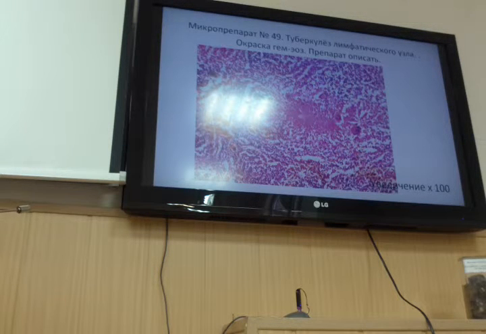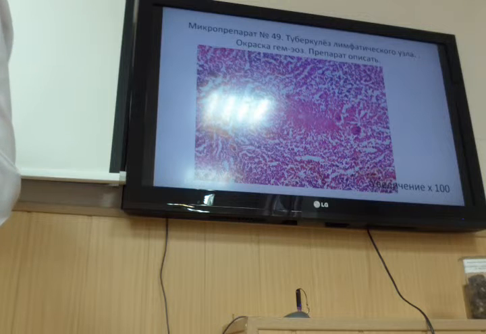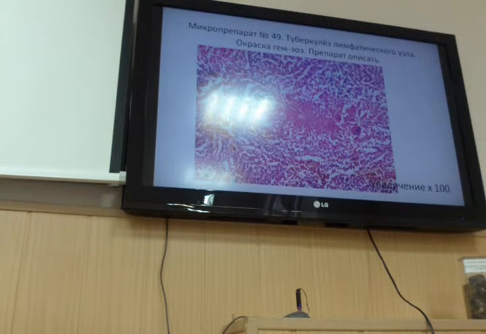Point number 2 means perifocal infiltration consisting of letter A, single neutrophils; B, macrophages; C, lymphocytes; and single Langhans giant cells.